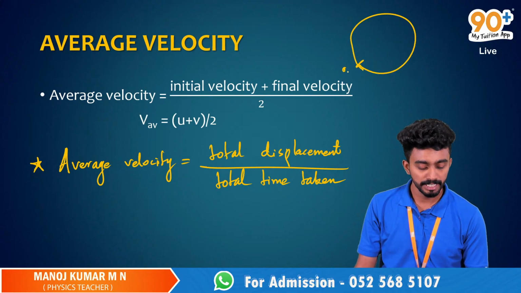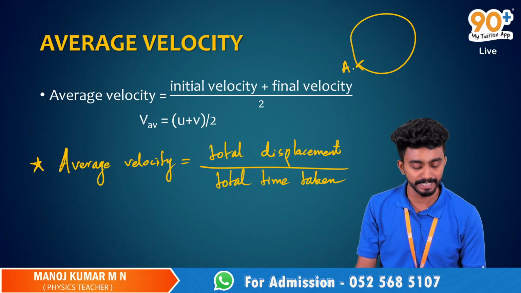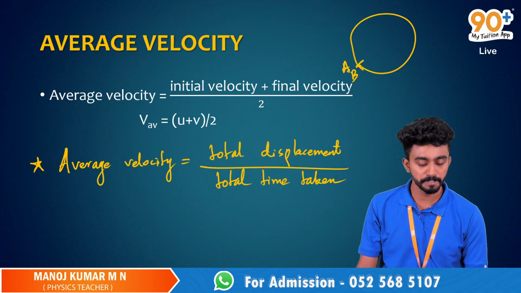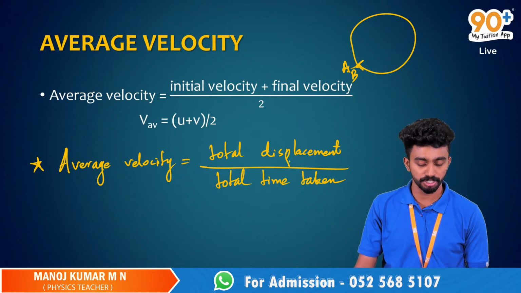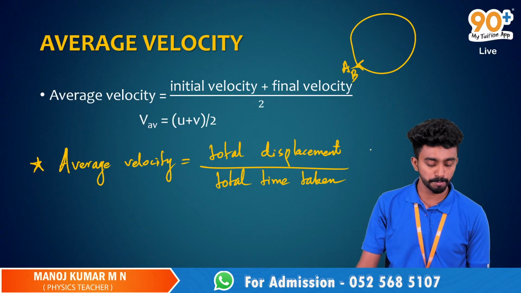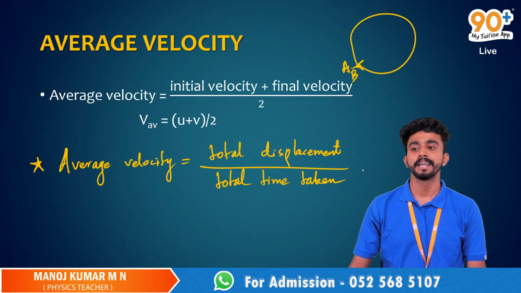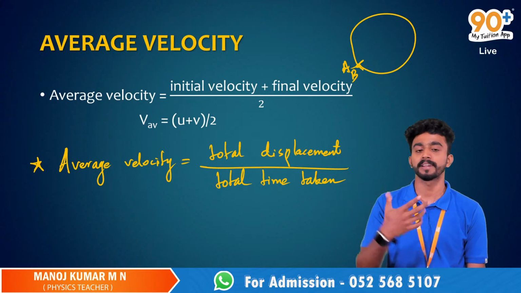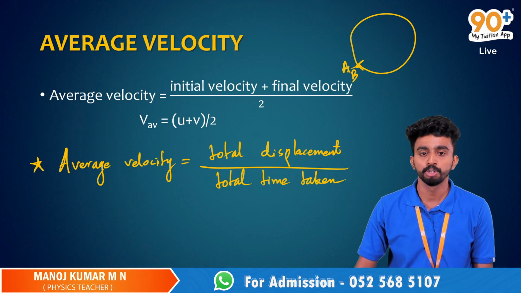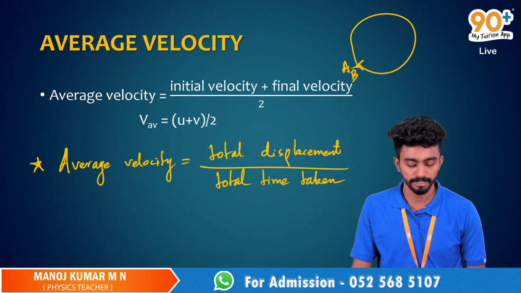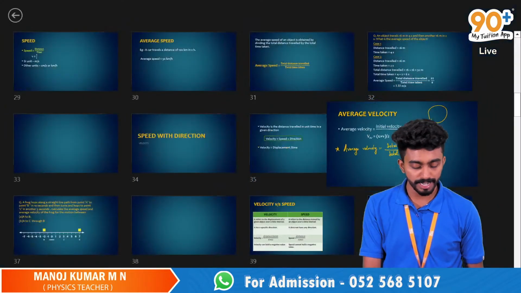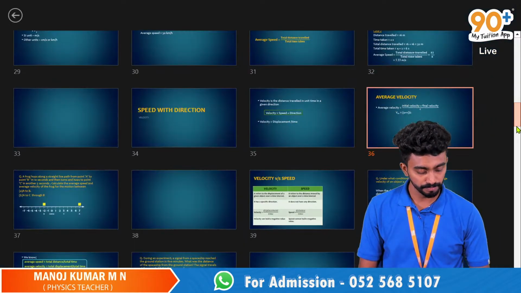If the object starts from a particular point and reaches the same point itself, if point A and B are at the same point, it will have an average velocity of 0. That is total displacement 0 divided by a particular time. 0 divided by any number will be 0 itself, right? So the average velocity will be 0. Clear? Yes. So guys, please do note it down.